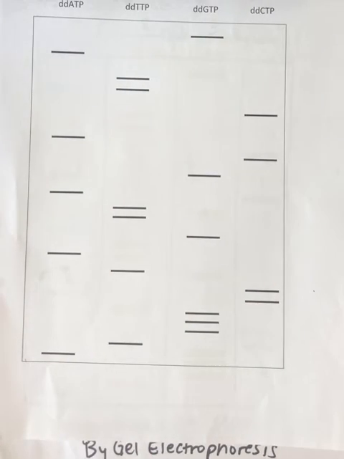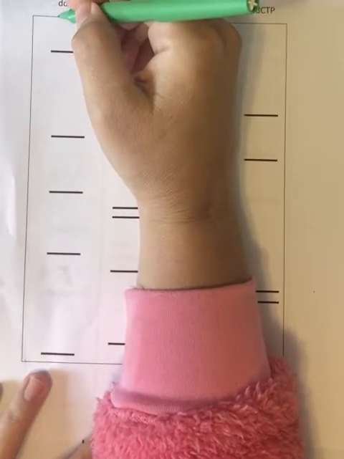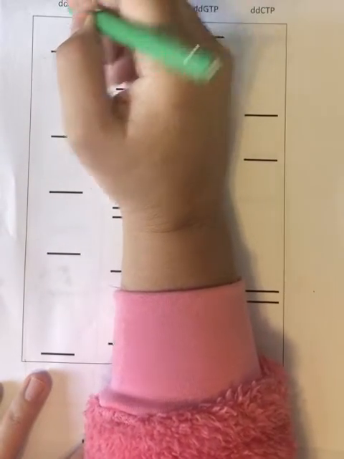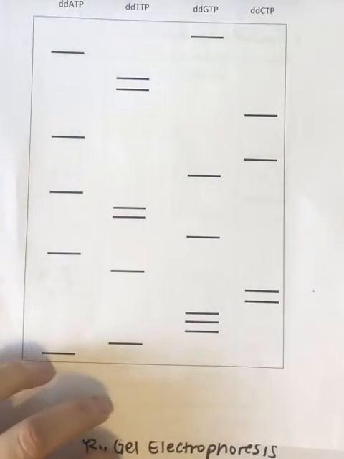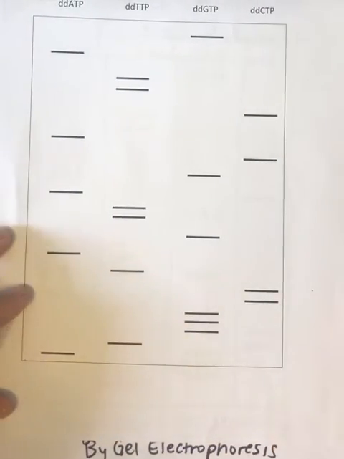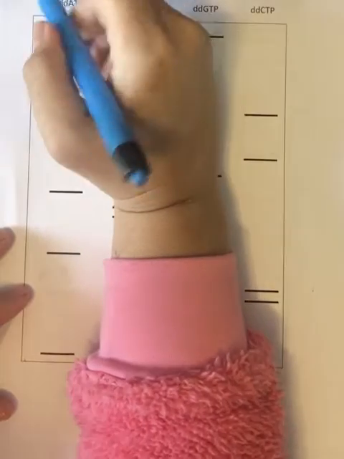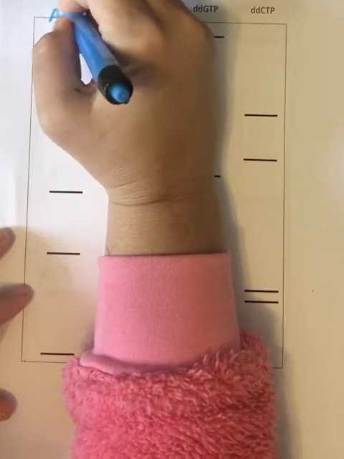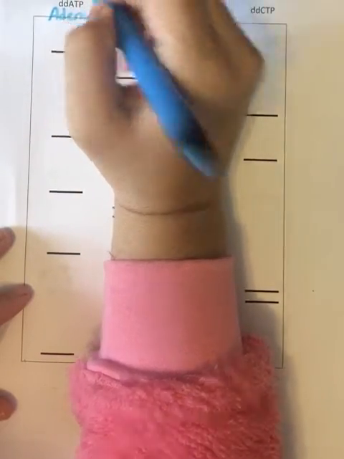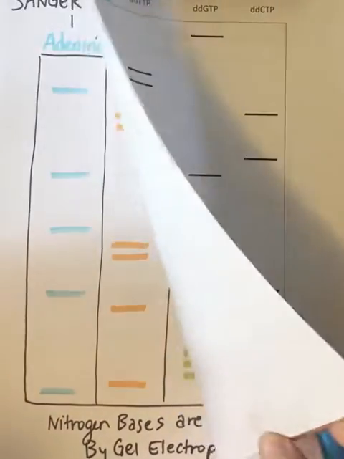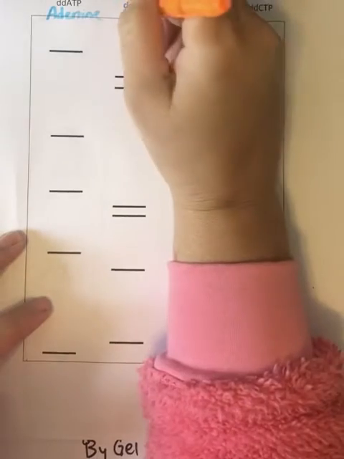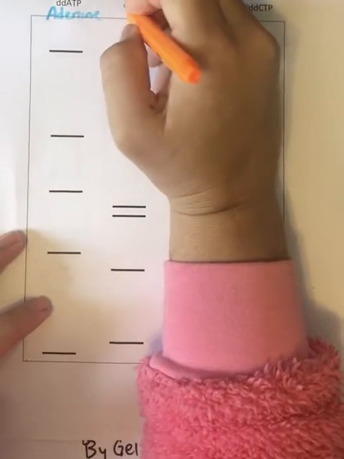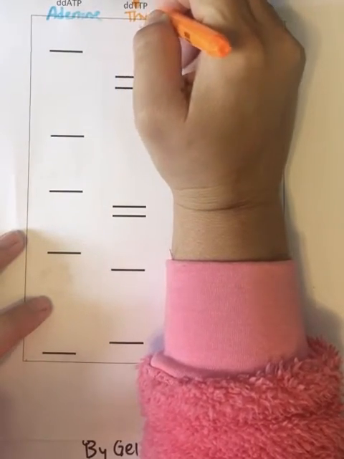So when we look at this, the radioactive DNA fragments show up on the X-ray film, and we know that each one is a nitrogen base. So this right here, ddATP, these are going to correspond to your nitrogen bases. So your nitrogen base adenine, this one was adenine. Anything that falls in this column is going to be adenine. Then you have thymine, and it's just got ddTTP, so that's thymine.